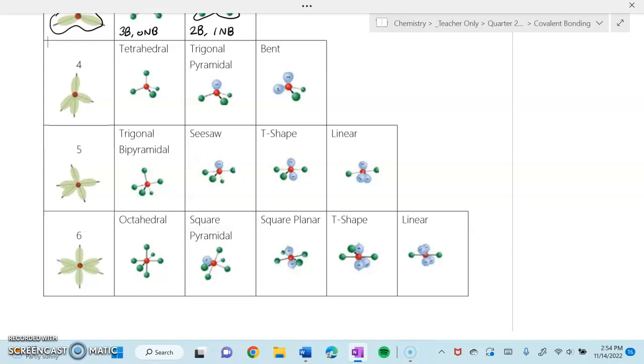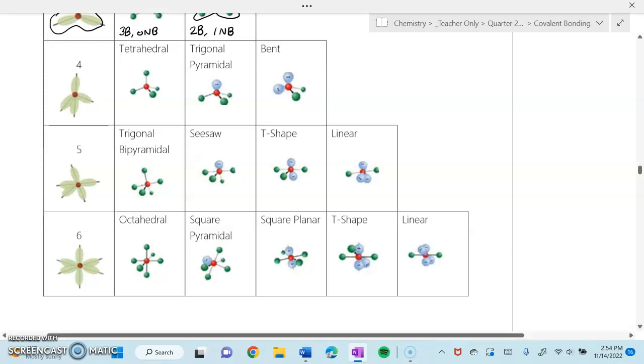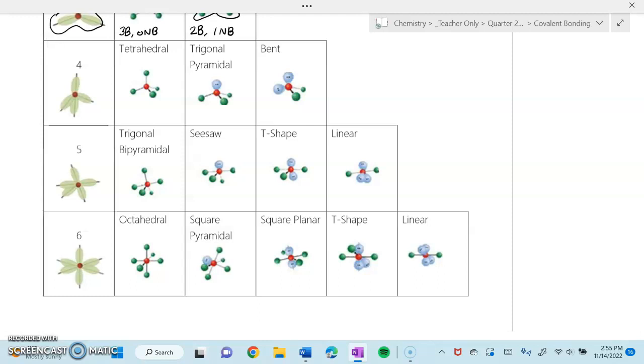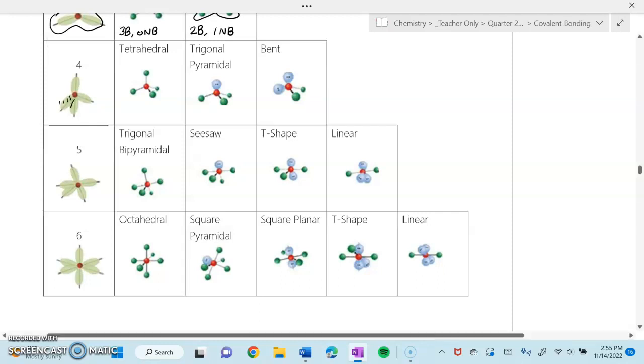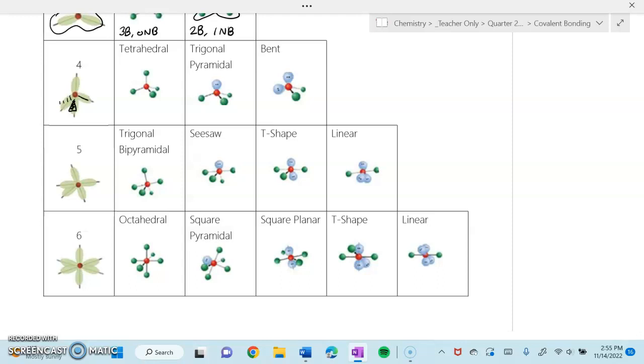When we go into 4 electron regions, we tend to think of an X or a cross, 90 degrees apart from one another. But because molecules are 3-dimensional, we actually have a larger bond angle, a greater repulsion that the electrons can make than 90 degrees. That is through the shape that looks like a tripod. If you think of this one going out of the page, and these coming out of the page, and you visualize that in 3 dimensions, you can see this is like the bottom of the tripod and then the top of the tripod.